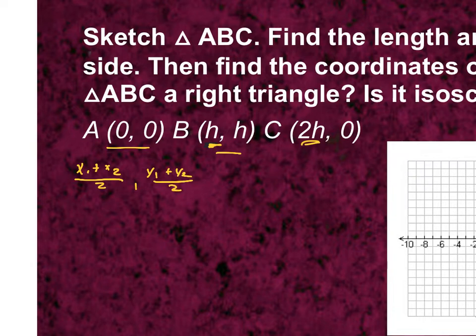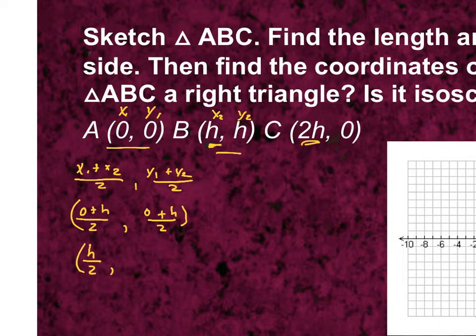So for our coordinates here, let's use x1, y1, x2, y2. And we've got 0 plus h divided by 2. And for y, we've got 0 plus h divided by 2. So 0 plus h will just be h.